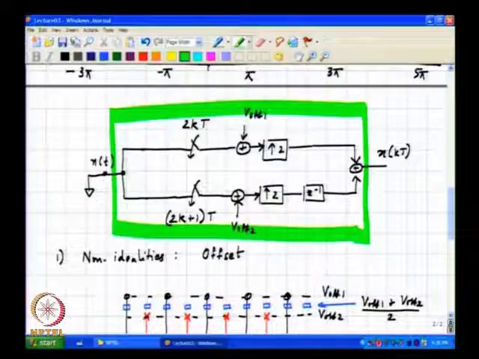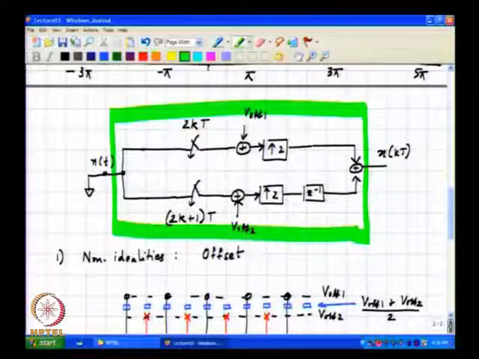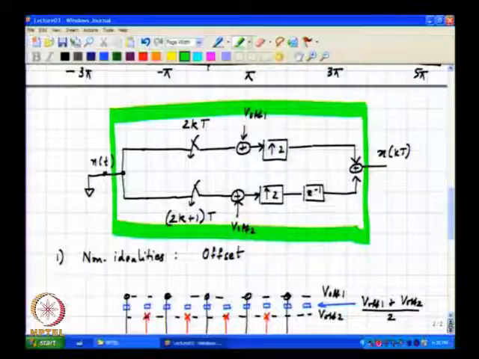In other words, offset in each of these channels will make us believe that the continuous time input has components at Fs by 2 as well as DC, while the real continuous time input is 0. So, obviously this is some kind of error, causing us to get confused about the nature of the input in continuous time.